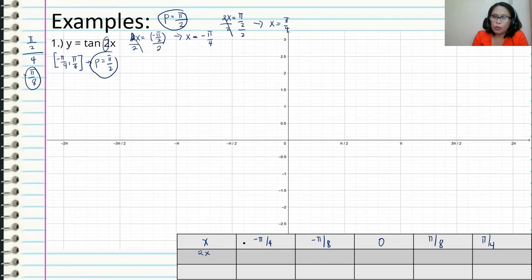So we have 2 times negative pi over 4 gives us negative pi over 2. 2 times negative pi over 8 gives us negative pi over 4. 2 times 0 gives us 0. Then 2 times pi over 8 gives us pi over 4. And 2 times pi over 4 gives us pi over 2. And then we will evaluate tangent 2x here.